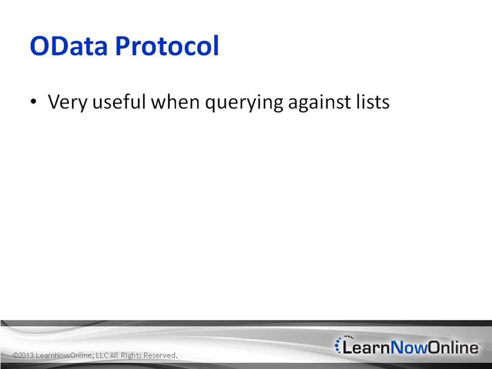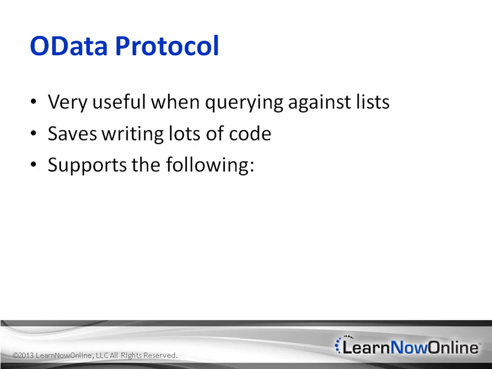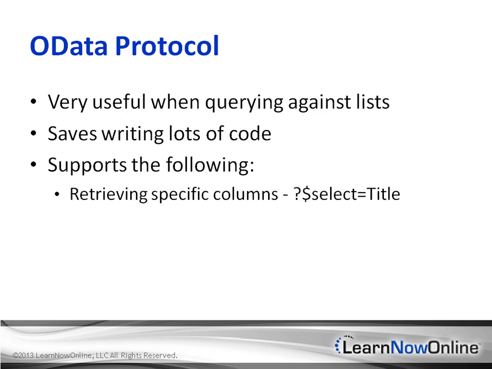And it's very useful when querying against lists because it gives us a lot of different types of functionality that normally would be code that we would have to write. So some of the things that the OData protocol supports, which is just a very, very small subset. OData actually has lots and lots of different filters.